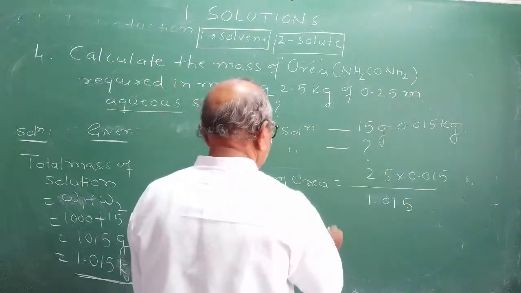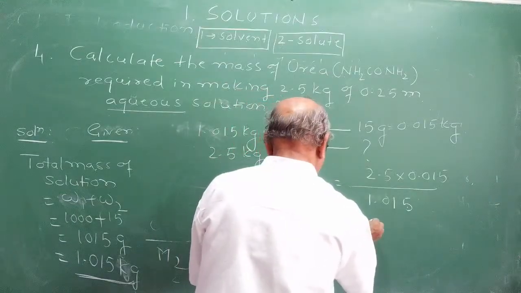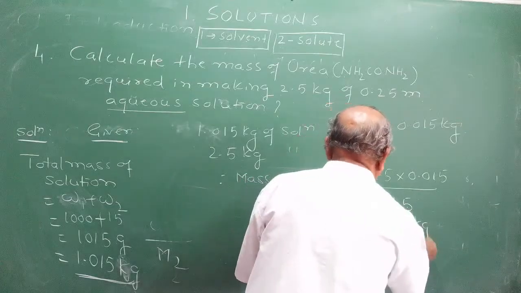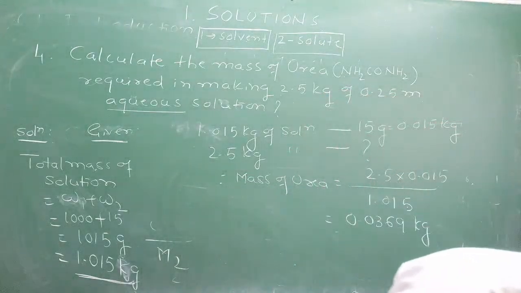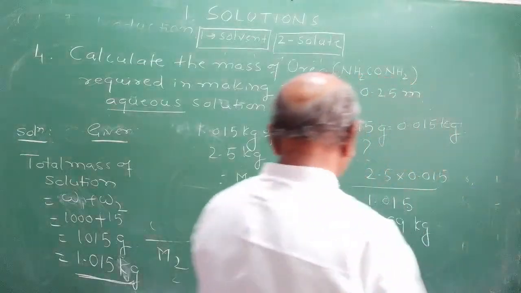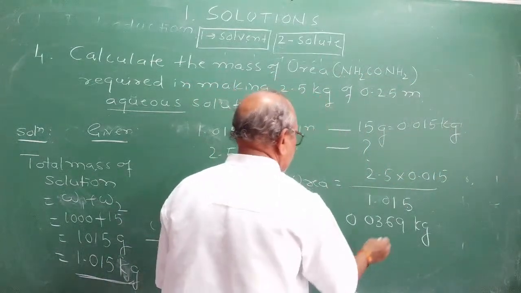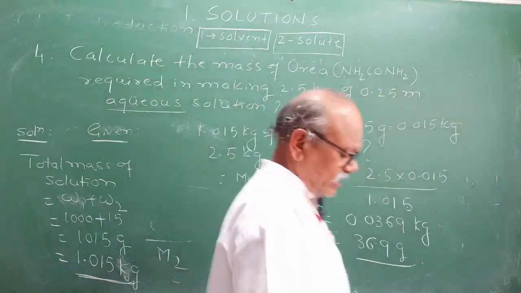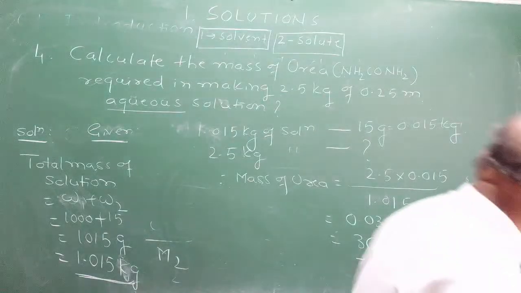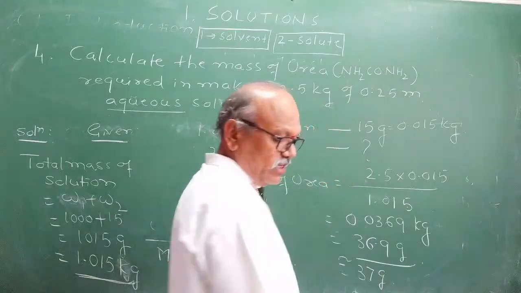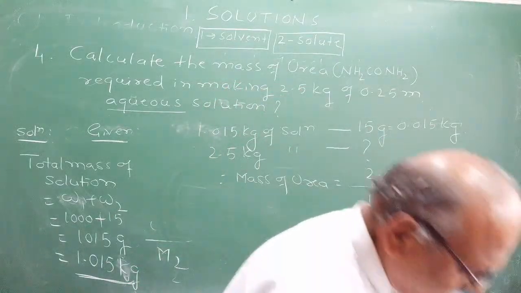You will get the answer as 0.0369 kg. Or you can write it in grams as 36.9 grams, or you can round it up to approximately 37 grams as the answer. Check your answer.